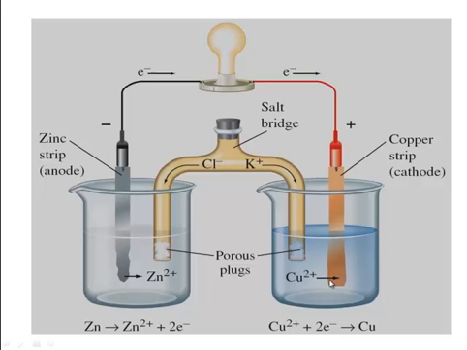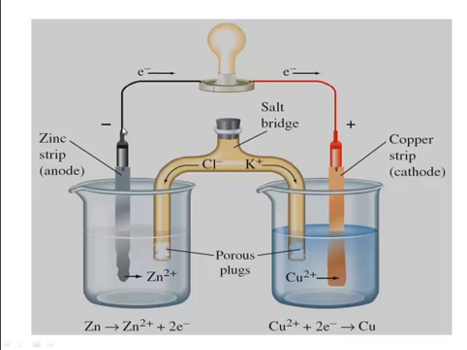Whereas the copper rod becomes heavy as the copper ions from the solution go to the copper rod, absorb 2 electrons as shown here and become copper atoms.